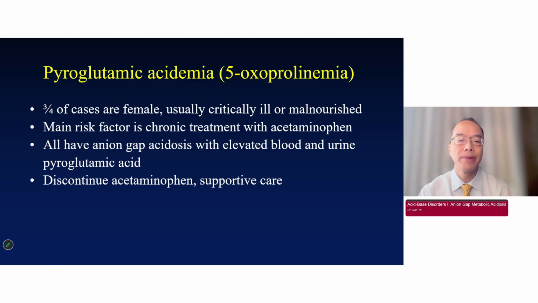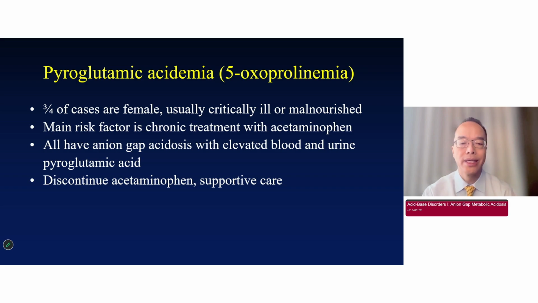Finally, pyroglutamic acidemia is probably the newest condition that's been discovered to cause anion gap acidosis. It's also called 5-oxoproline. It's a condition that occurs predominantly in females, often critically ill or very malnourished, who are treated chronically with acetaminophen and present with an anion gap acidosis.